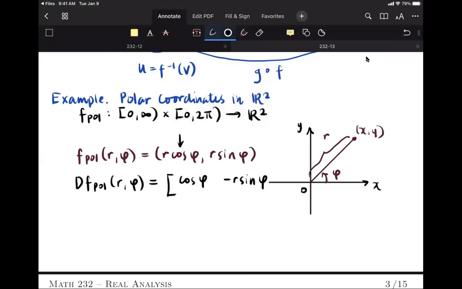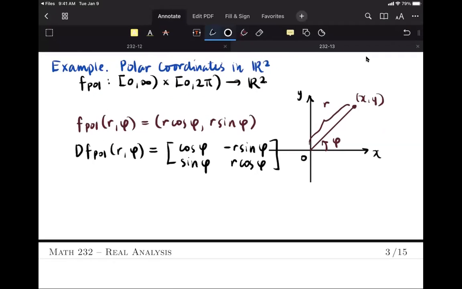So we took this function. Next, we take the derivative of this with respect to r, and then the derivative with respect to phi. Hence, the determinant of this Jacobi matrix is given by r cosine squared phi minus negative r sine squared phi.